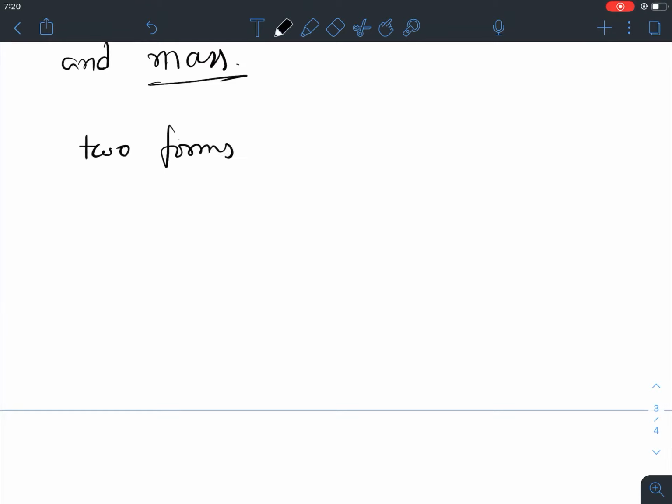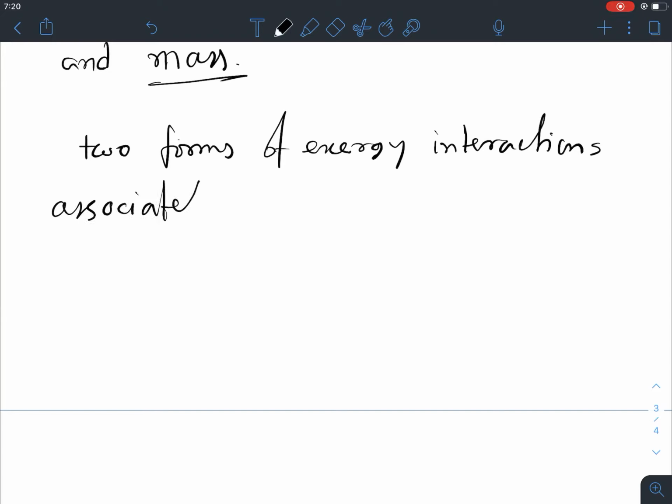And basically only two forms of exergy interactions are associated with a fixed mass system.